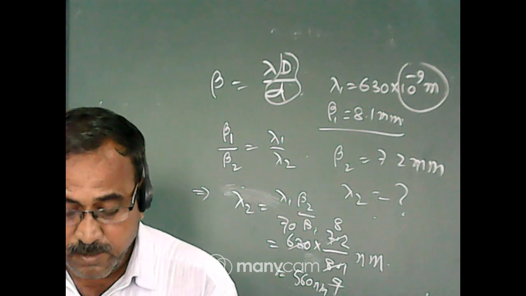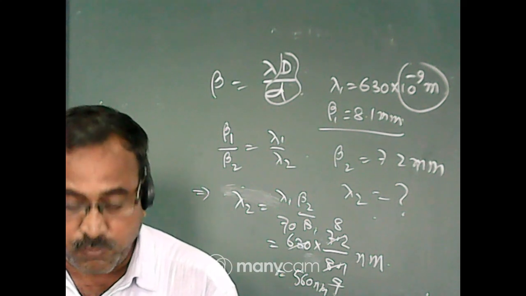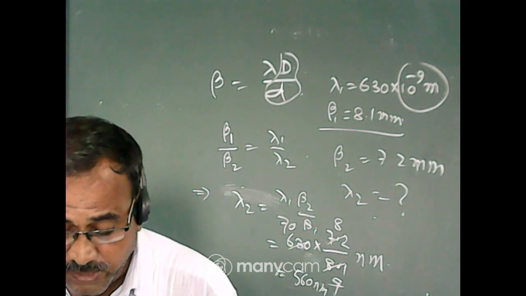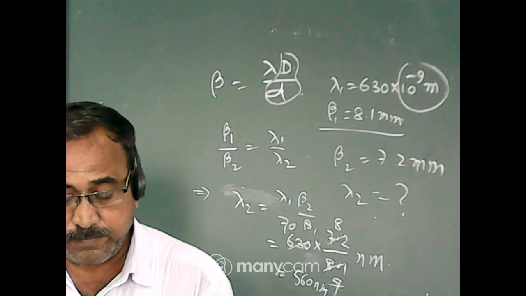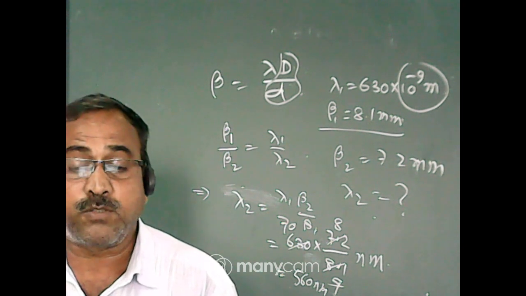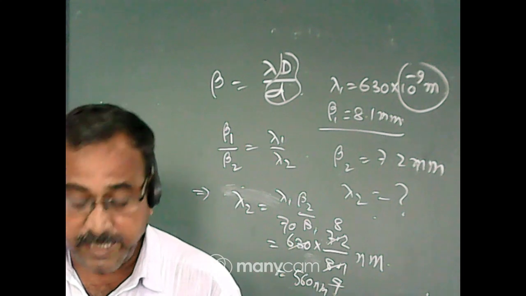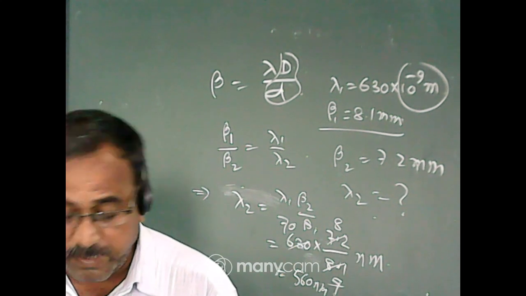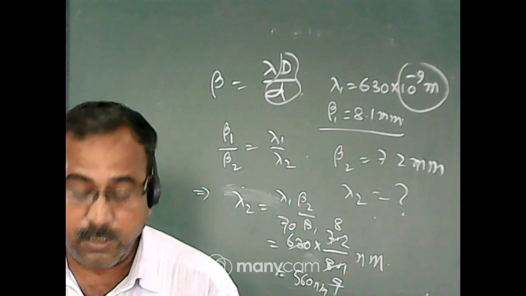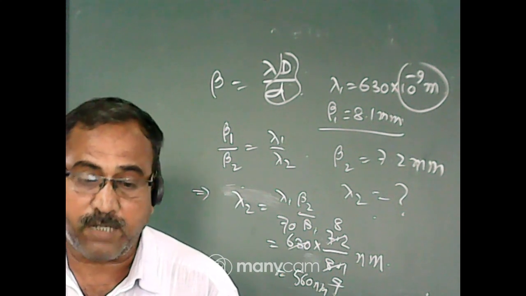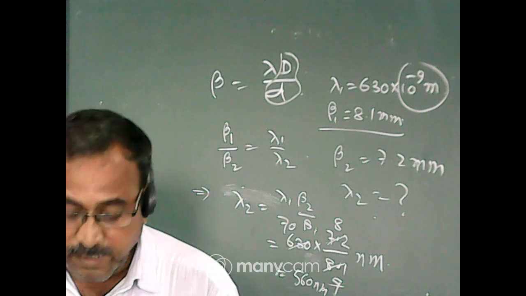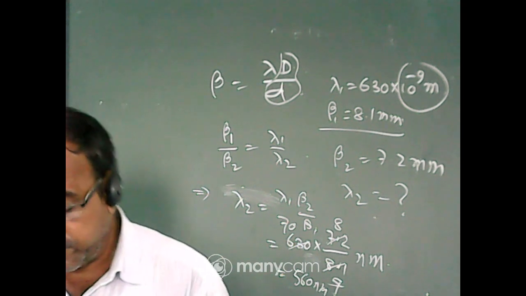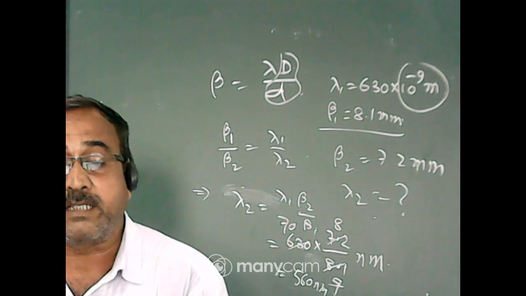Width ratio W1 by W2 equal to I1 by I2 equal to A1 square by A2 square. That is equal to under root of 2 by 1 whole square. That value will be 2:1. So this type of numerical you complete it.